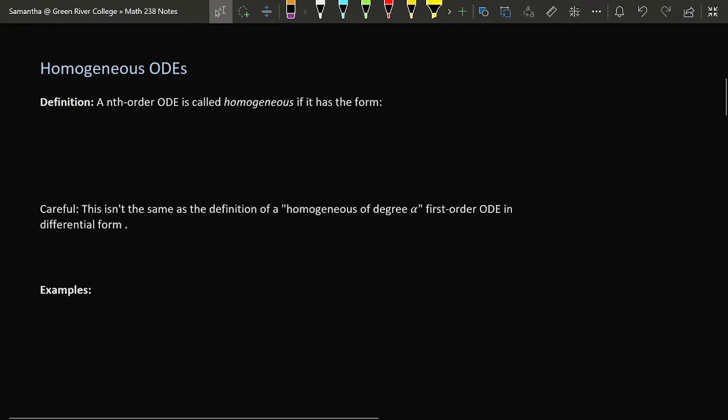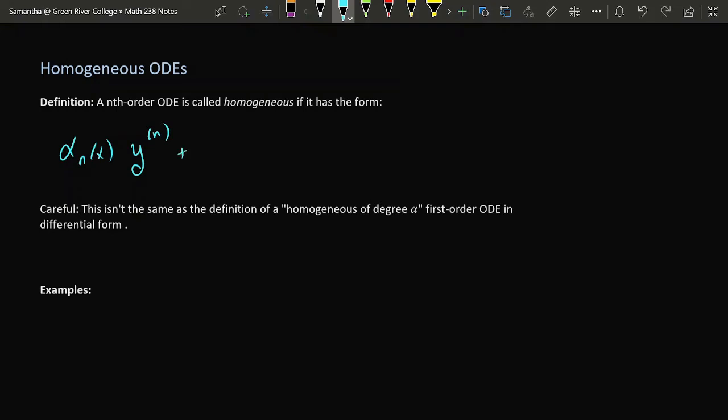So what does a homogeneous ODE mean in this section? An nth order ODE is called homogeneous if it has the form: some function of x alone, let's call it alpha sub n of x, multiplied by the nth derivative of your output variable y.